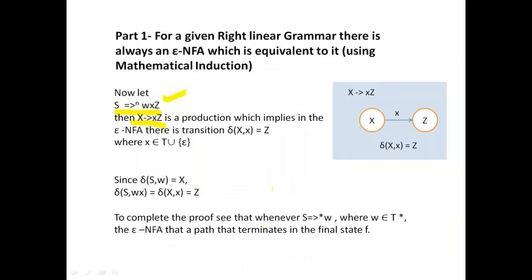Then what should be there in the epsilon NFA that we have constructed? Corresponding to this production, in the epsilon NFA, there will be a transition from capital X, reading small x, to capital Z.